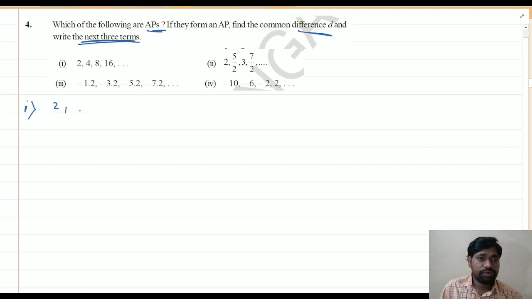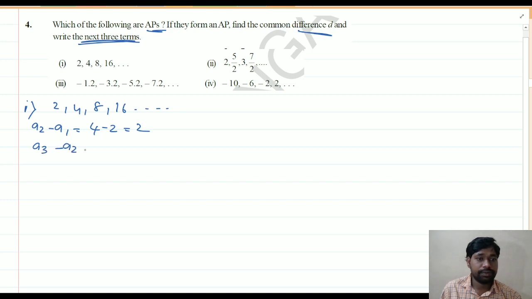It is 2, 4, 8, 16. This list of numbers is not an AP, don't consider it an AP. So we have to find the difference. If it is the same, then we will say it is an AP. So A2 minus A1 is equal to 4 minus 2, which is 2.